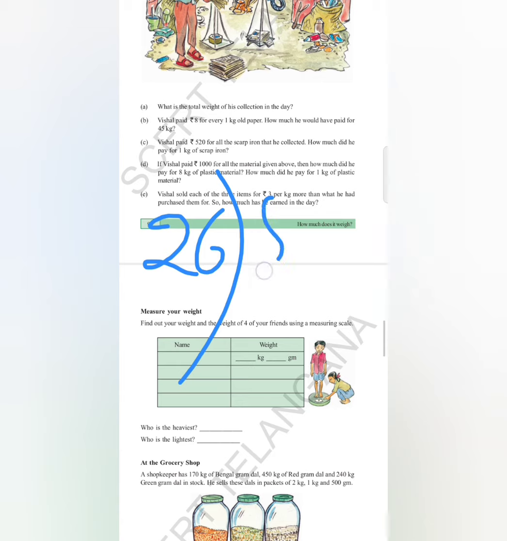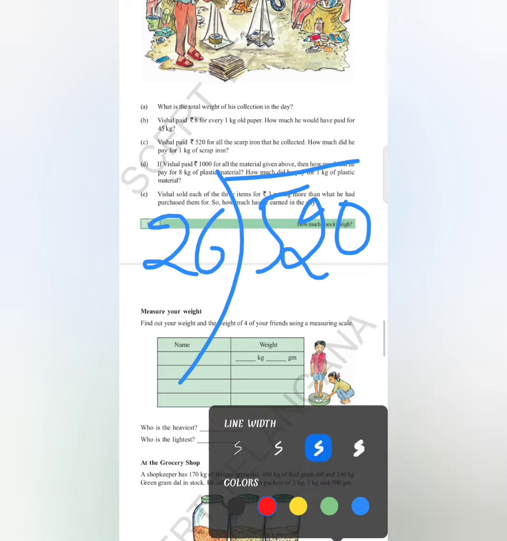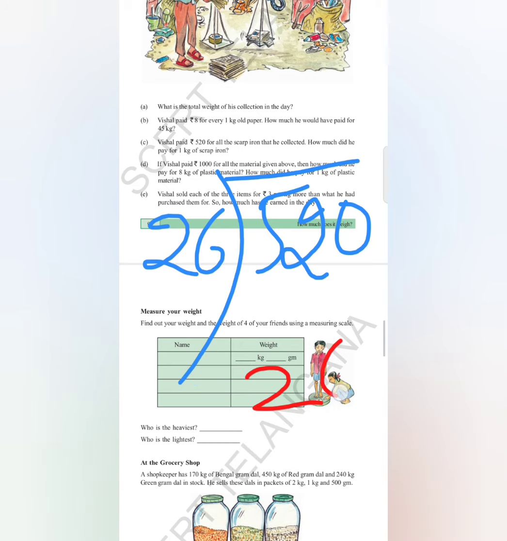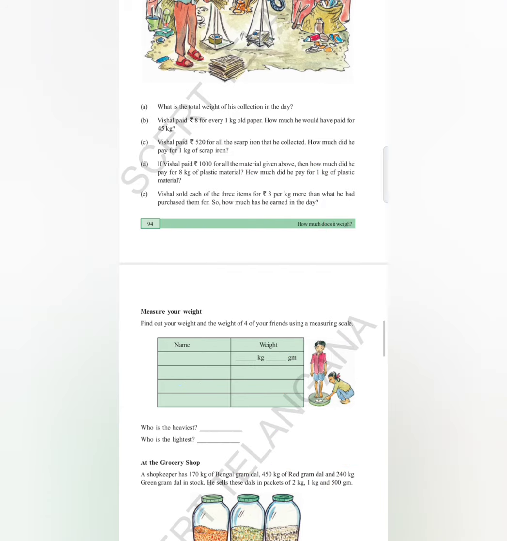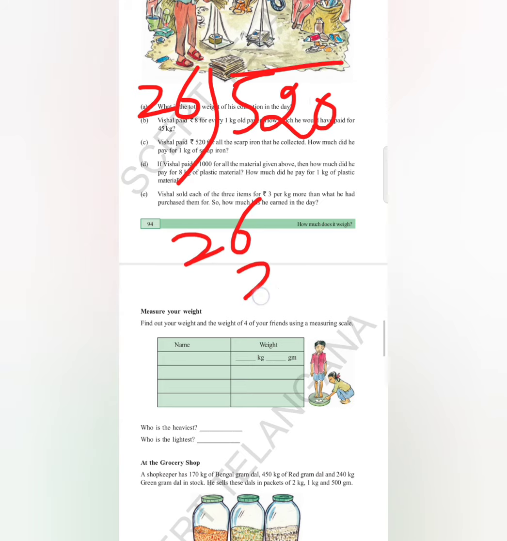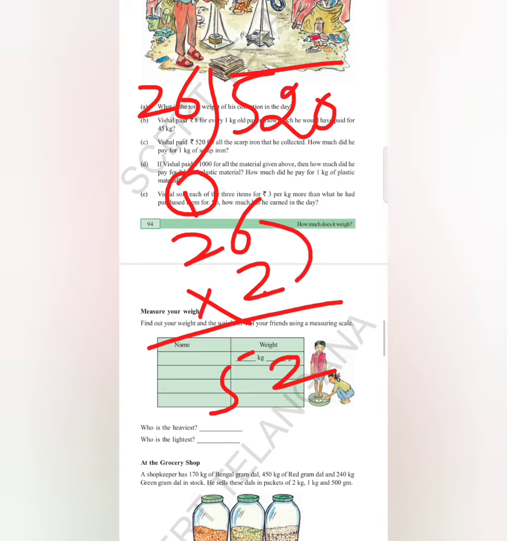26 divided by 520. Now 26 ones are 26, 26 twos are, if you don't remember we will multiply here. 26 twos are, 2 6s are 12, 2 1 carry, 2 twos are 4, 4 plus 1 is 5.